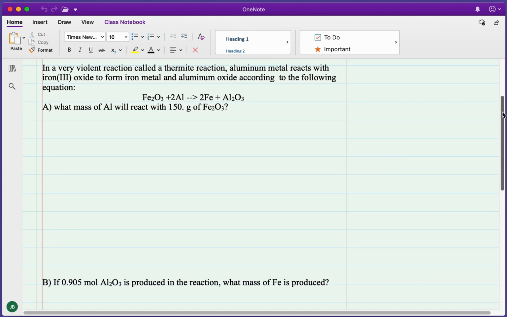So the problem states, in a very violent reaction called a thermite reaction, aluminum metal reacts with iron 3 oxide to form iron metal and aluminum oxide according to the following equation. What mass of aluminum will react with 150 grams of iron 3 oxide? So as always, let's start with our knowns and our unknowns.